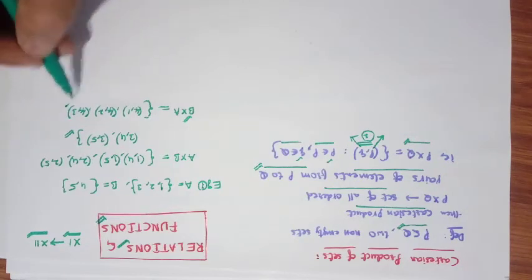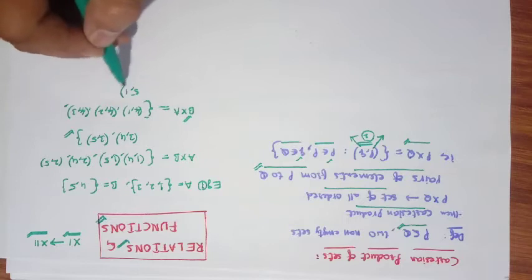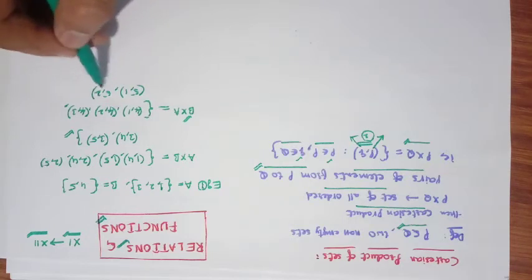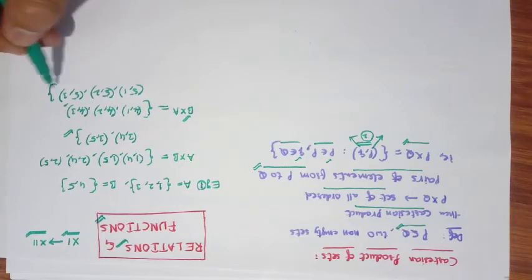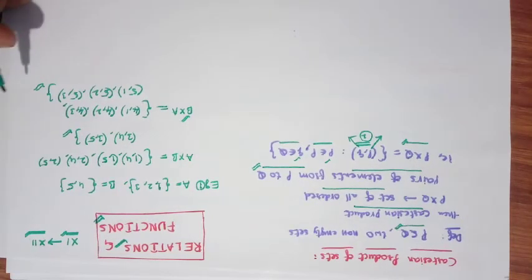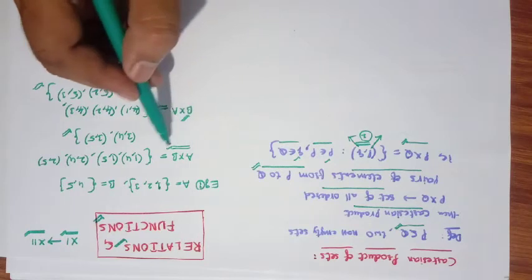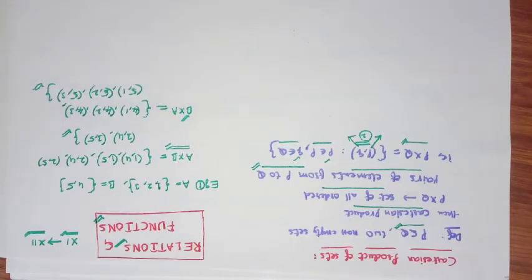Next, elements should be taken with 5: (5, 1), (5, 2) and next (5, 3). So this will be your Cartesian product. A cross B and B cross A, most of the time those are different.